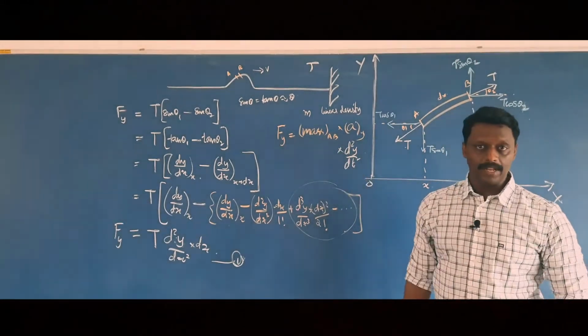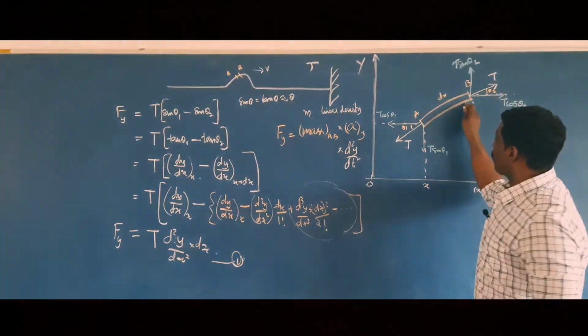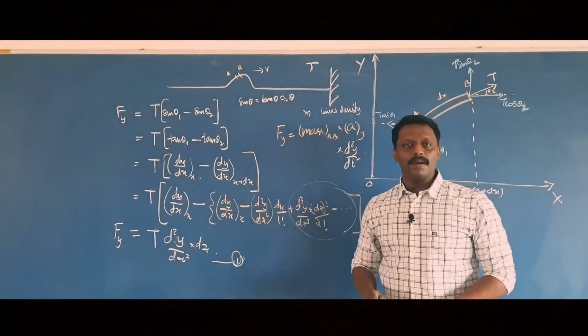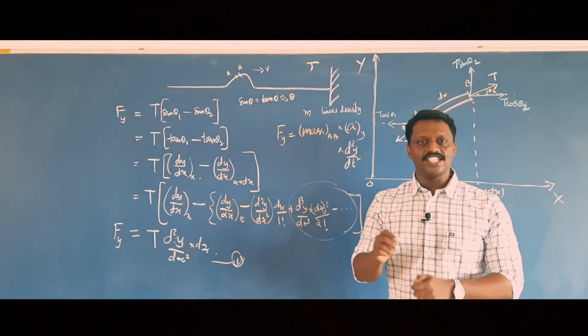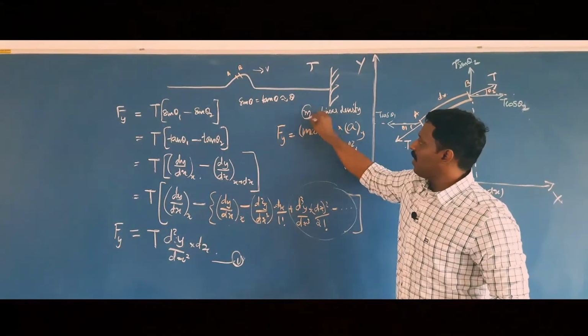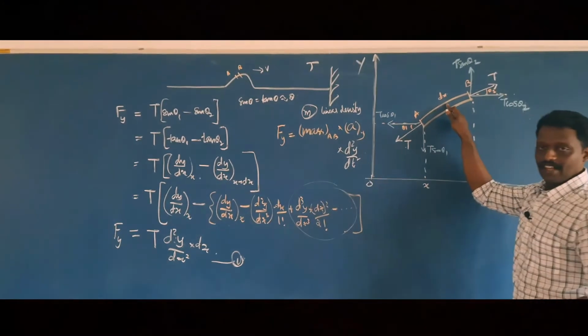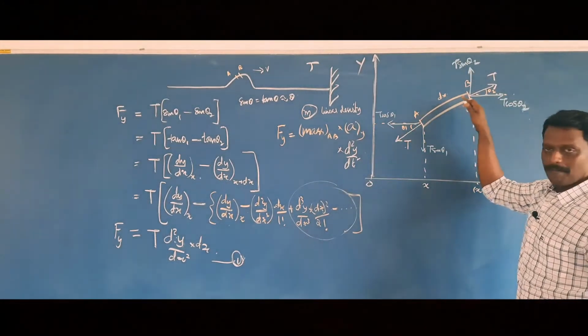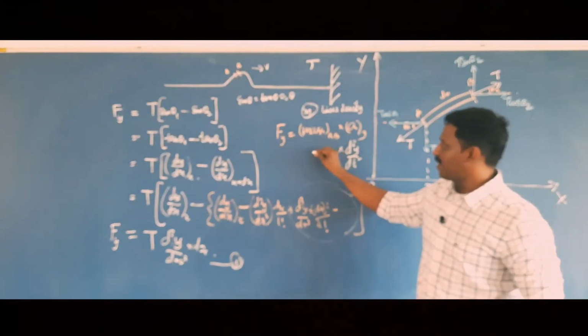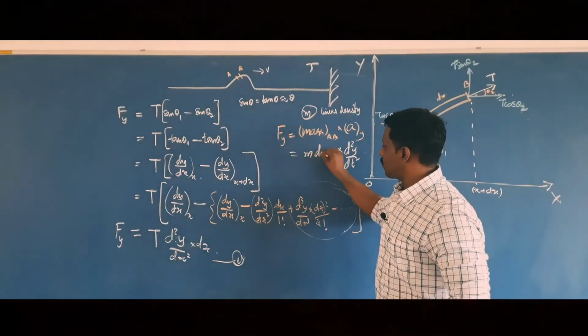Now the mass of the segment AB can be obtained by multiplying its linear density with the length. We have declared that the linear density is m. The length of the segment is dx. So linear density multiplied by length will give the mass of that segment, so m dx.